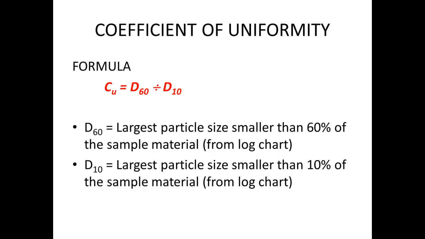The formula for the coefficient of uniformity is D60 divided by D10, where D60 represents the largest particle size you can read off your log chart that is smaller than 60% of the sample material, whereas D10 represents the largest particle size you can read off your log chart that is smaller than 10% of the sample material. Confused? Don't worry, we'll work on an example together.